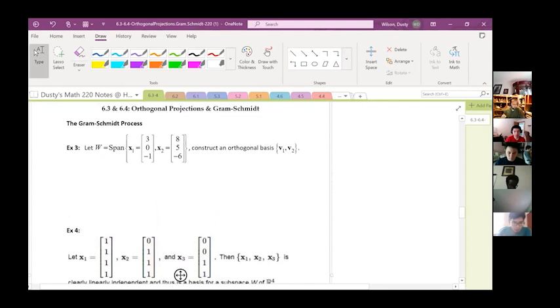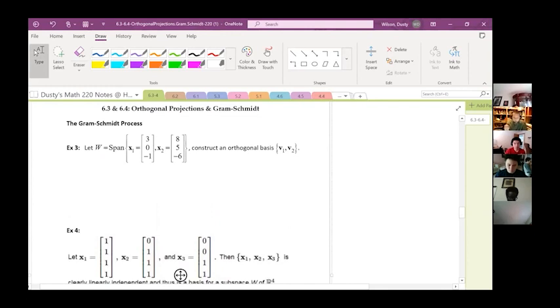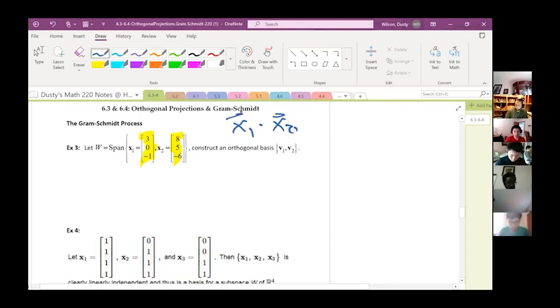So here's the deal, we have this W, this subspace. It's made up of the span of the vectors x1 and x2. Let's just take a moment and verify, what is x1 dotted with x2? I got some 30s out there. And what's really important about 30?